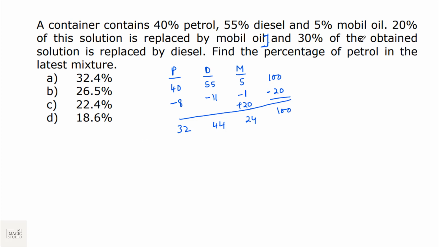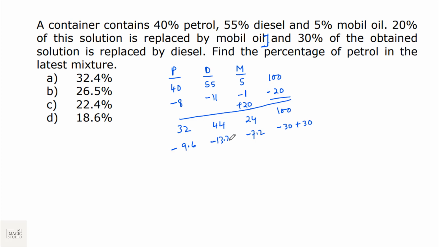And 30% of the obtained solution is replaced by diesel. Now we are removing 30% and adding 30 again to it in the form of diesel. So these 30% will go off. 32 into 3, 9.6. 24 into 3, 7.2. 44 into 3, 13.2.